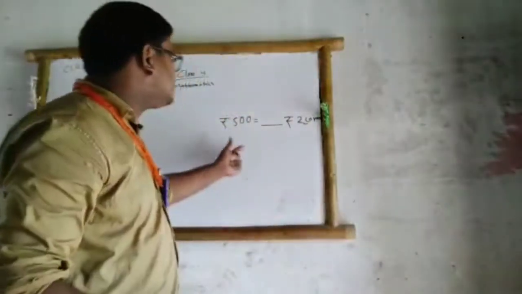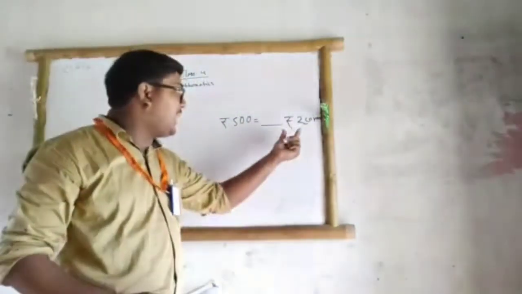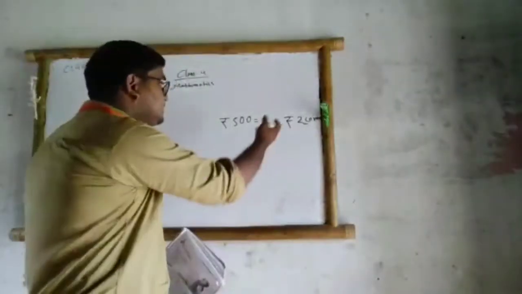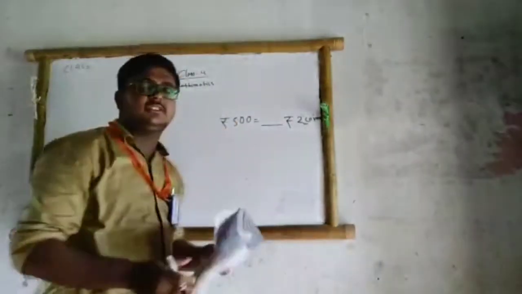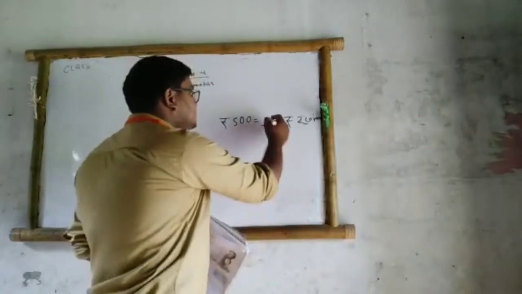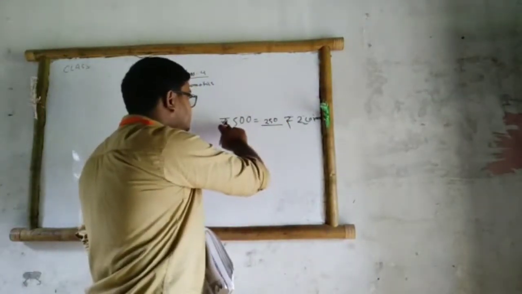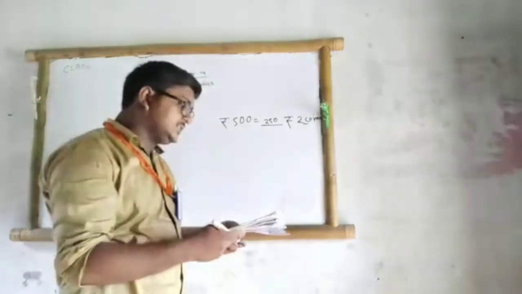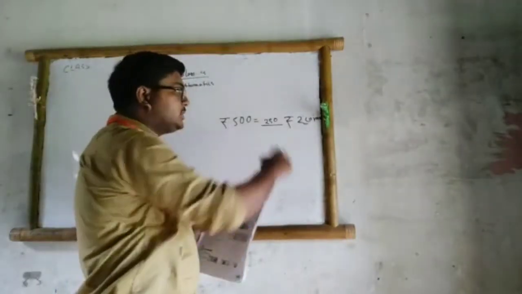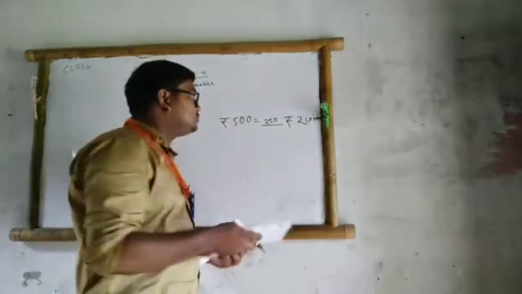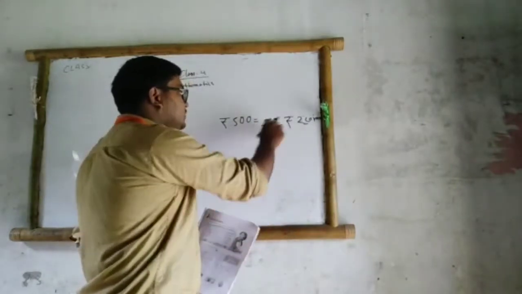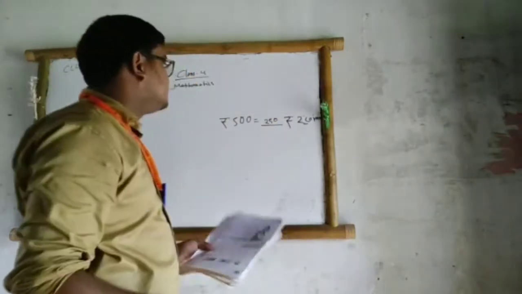You just divide this 500 by 2, and we get 250. So rupees 500 is equal to 250 rupees 2 coins. So the answer will be 250.